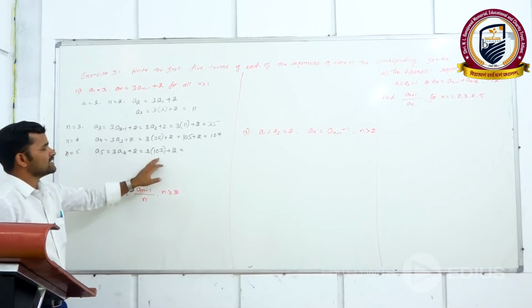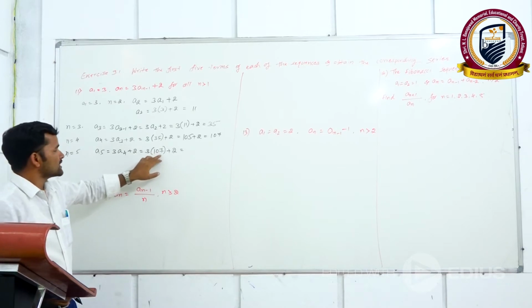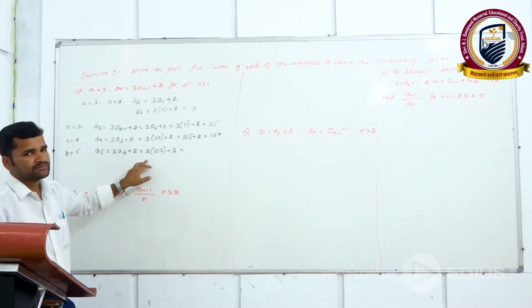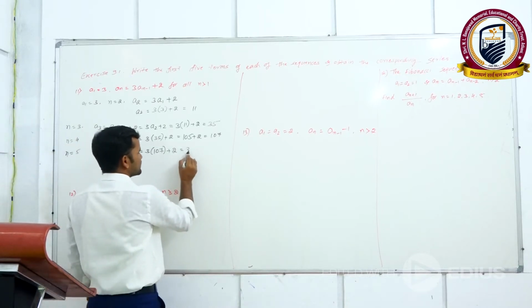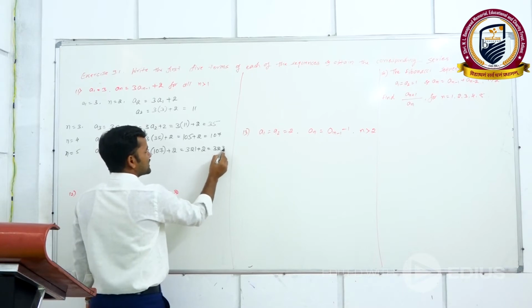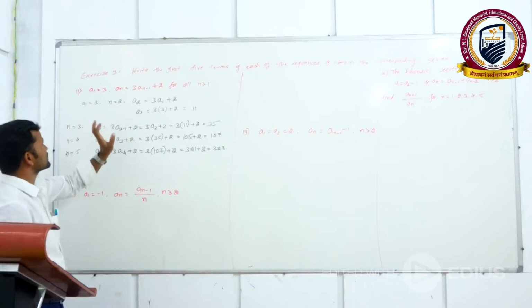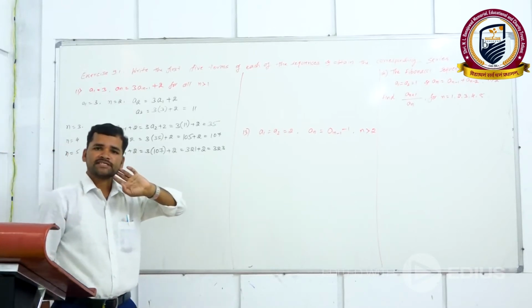How much is this? 3 into 107, 3 into 100 is 300, and 7 into 3 is 21. 300 plus 21 is nothing but 321, plus 2 will be there. So final answer 323. With this we got first 5 terms of the defined sequence.